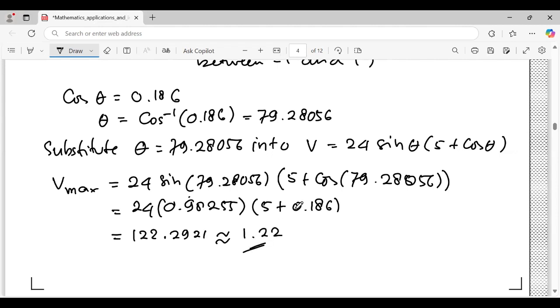So this is the volume maximum, and theta I would like to round off becomes 79.3.